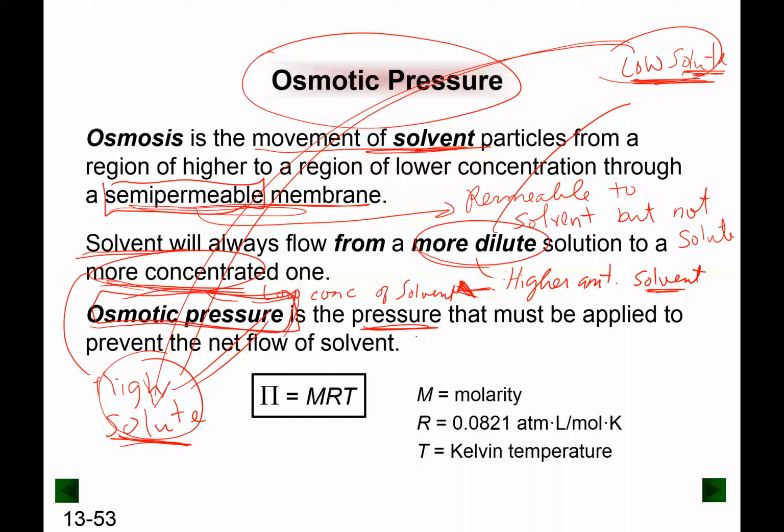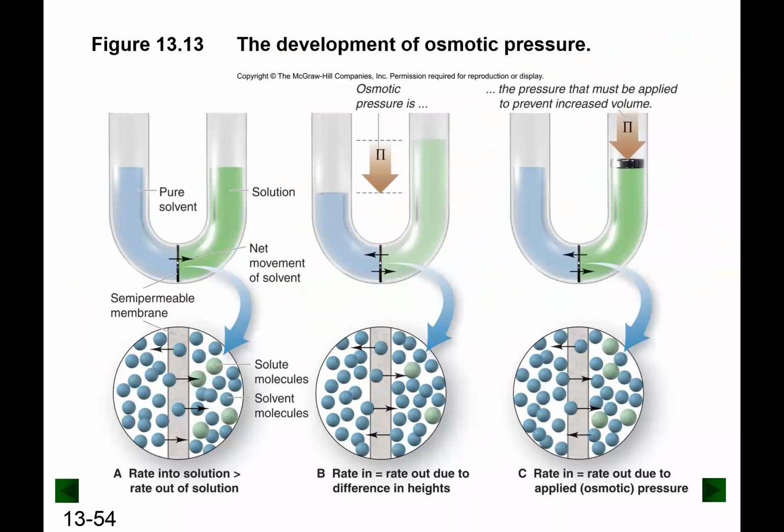So if we have a system, we can actually measure the pressure that's caused by this osmotic flow, and we call this capital pi, and it's expressed in terms of molarity, the gas constant, and the temperature in Kelvin. Now, I'm not going to do calculations with it. They're not that difficult. It's just for sake of time. I'm not going to go over it, but I do want to give you a graphical explanation of this osmotic pressure.